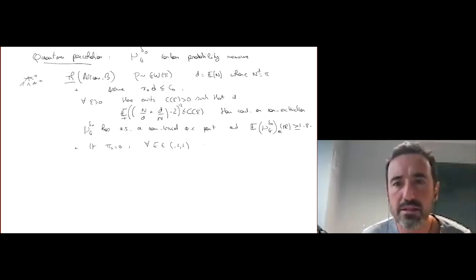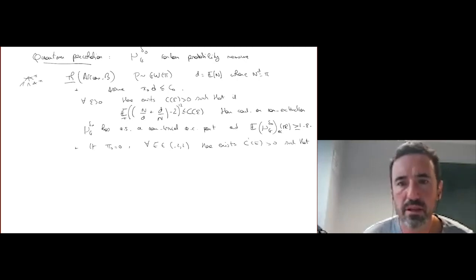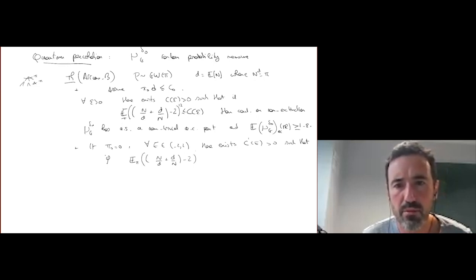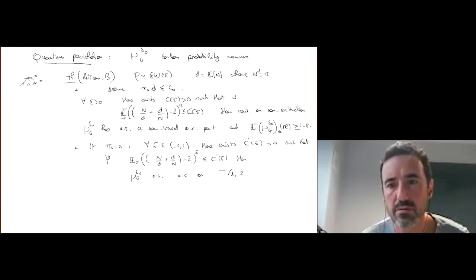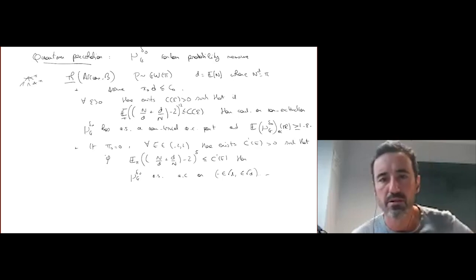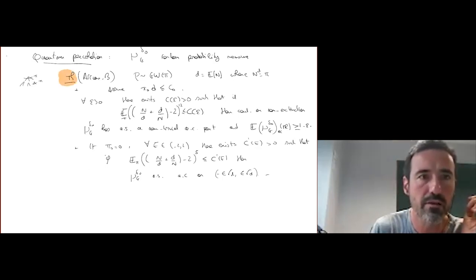There exists a new constant C prime of E, which will be positive, such that if the relative variance moment of power 5 or 6 is less than C prime of E, then mu G is almost surely absolutely continuous on the interval 2 minus square root D minus E square root D.